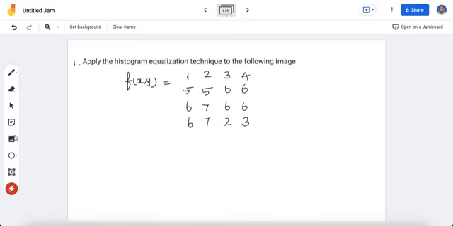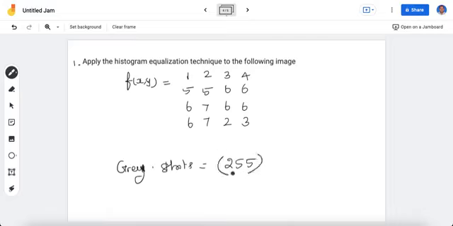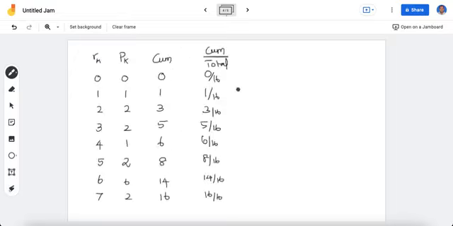For a gray image which contains 8 bits, the maximum intensity will be 255. That is what I need to consider when it is a gray image. Here in this example, the maximum intensity is 7, so I have to consider the same. So we have to multiply with 7.